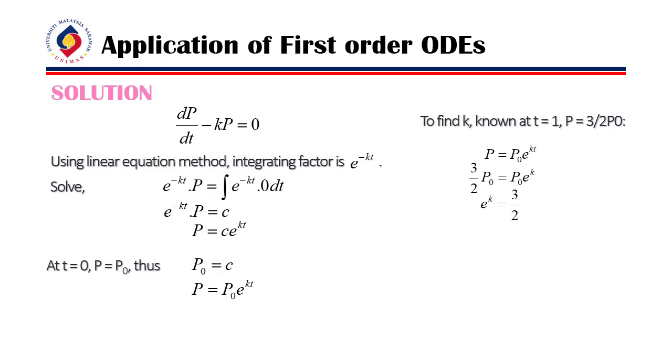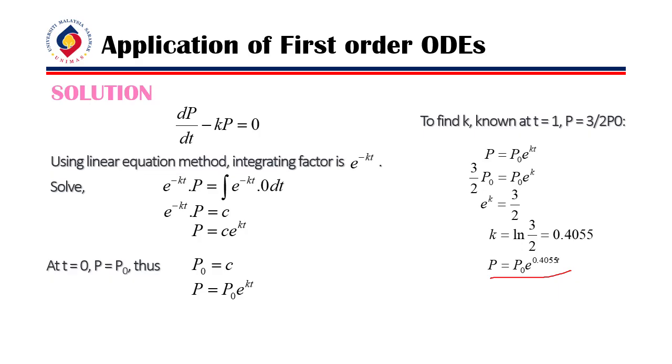This is the way we get the k value. So we get the k value here, and then we substitute back in the equation.